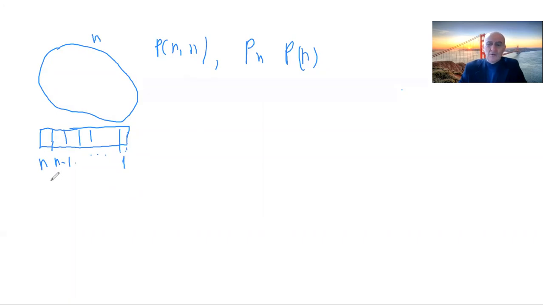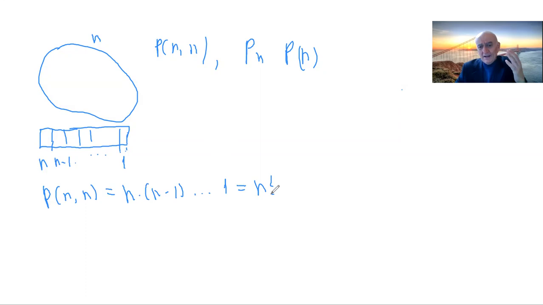Now we will use the product rule, what we discussed in the previous class. By the product rule, our permutation equals n times n minus 1 times ... times 1. And you know that it's called n factorial. So the permutation of n elements is n factorial.